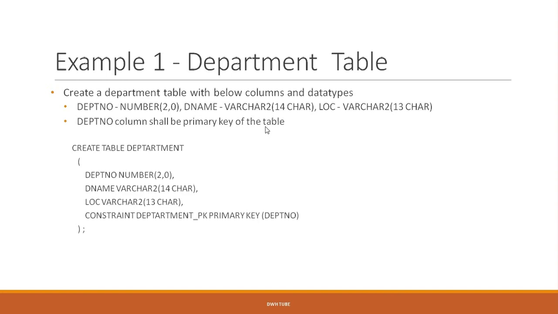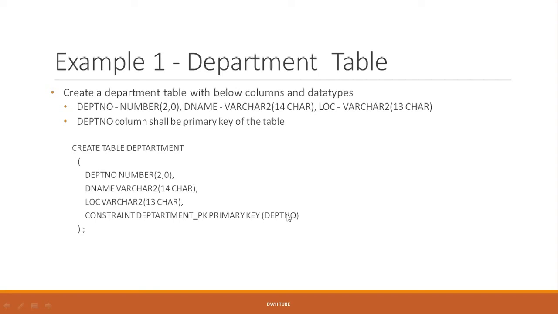Create table, table name, which in this case is department, then the column names and their data types. So department number number(2,0), comma, second column is department name varchar2(14), third column is location, LOC, varchar2(30). Then we need to have a primary key on department number. So constraint department_pk, this is the constraint name, primary key, bracket, department number.